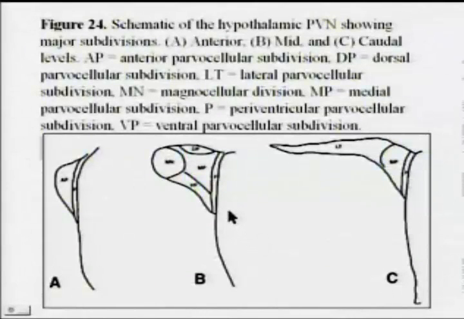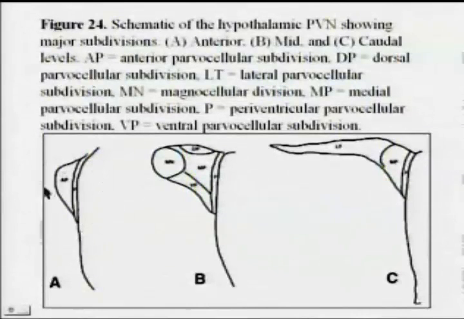This is not quite 100%, but it is in the mid-90% range. There again, there's that risk of generalities versus details, but we don't need to worry about it on the organism level, at least clinically in humans. It's safe to say magnocellular is posterior and parvocellular is anterior pituitary function.